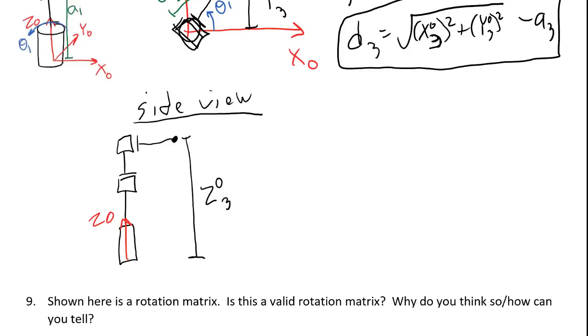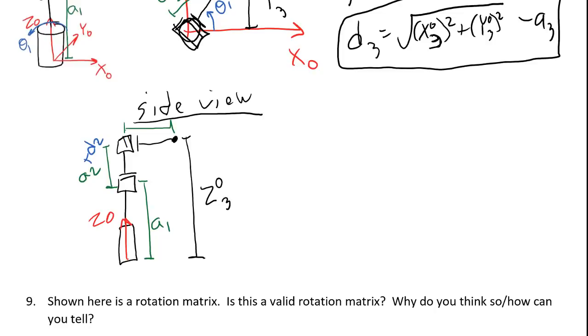Next, I want to label any link lengths and joint variables that I have. This here is A1. This here is A2 plus d2. And right now, I don't know what this is. We can find it out if we need to, but since I don't know yet whether I even need that, I'll leave it unlabeled for now.